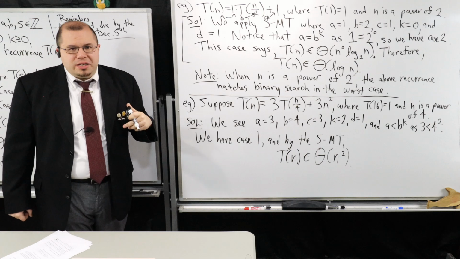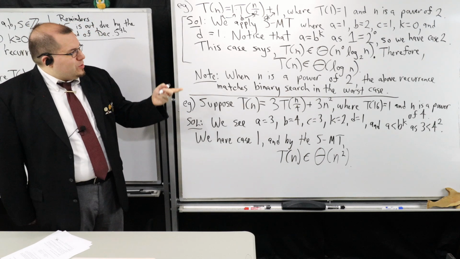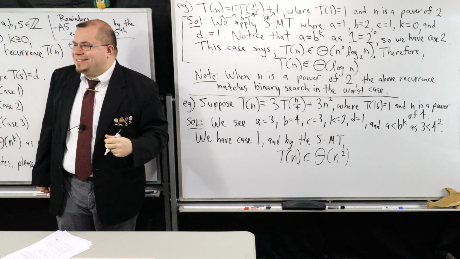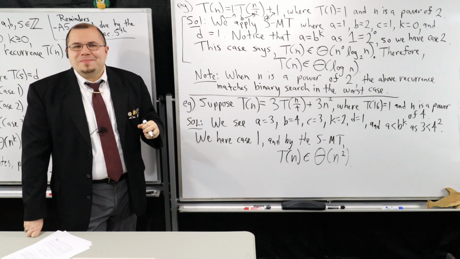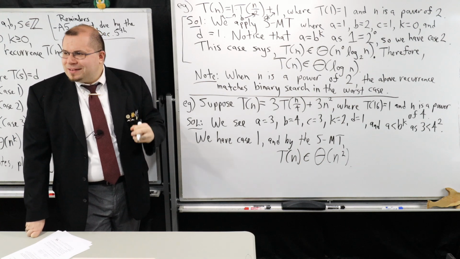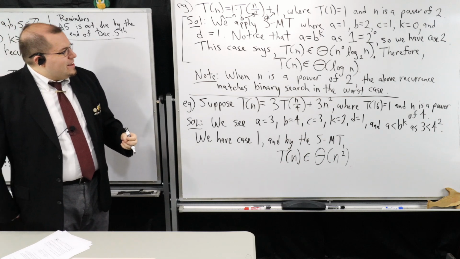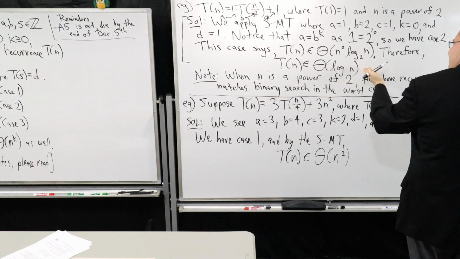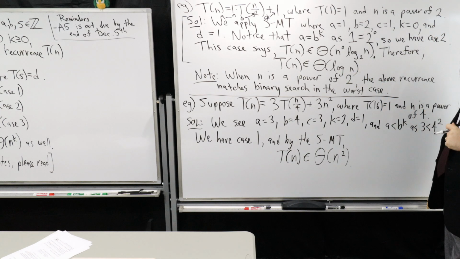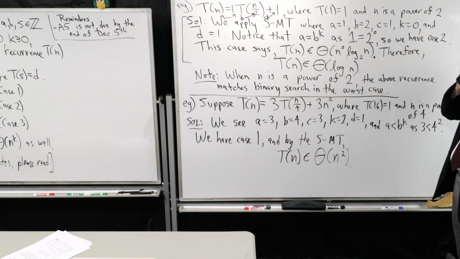So it's n to the 0 times log base 2 of n. What's n to the 0? It's just 1. So therefore, T(n) is big theta of log n.